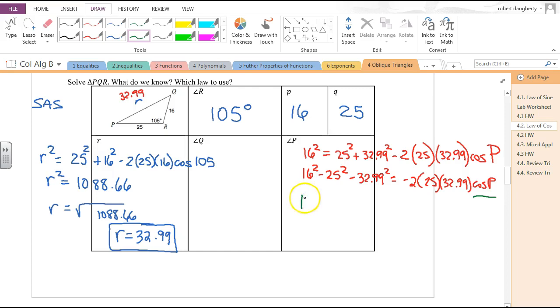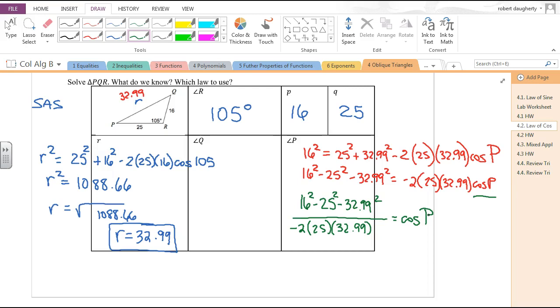So, 16 squared minus 25 squared minus 32.99 squared over negative 2 times 25 times 32.99 equals the cosine of P. So all I did was, here was my equation, move these two numbers over, divide by whatever is multiplied.